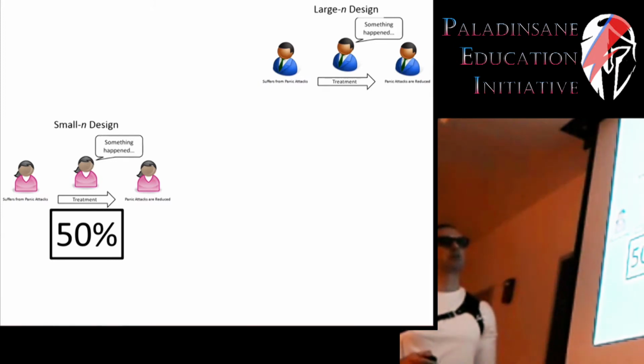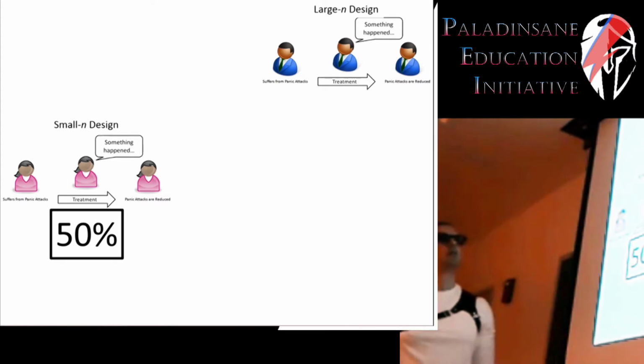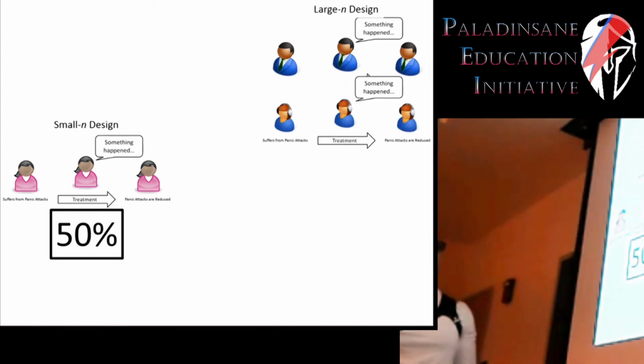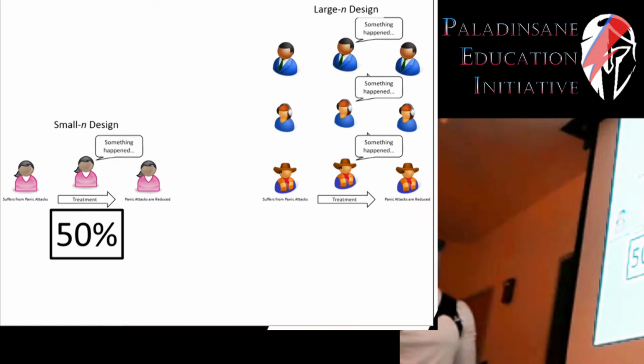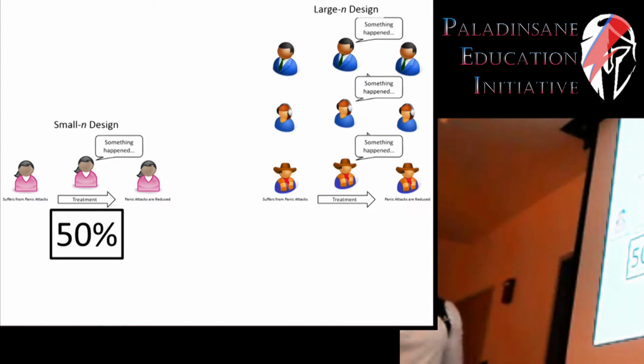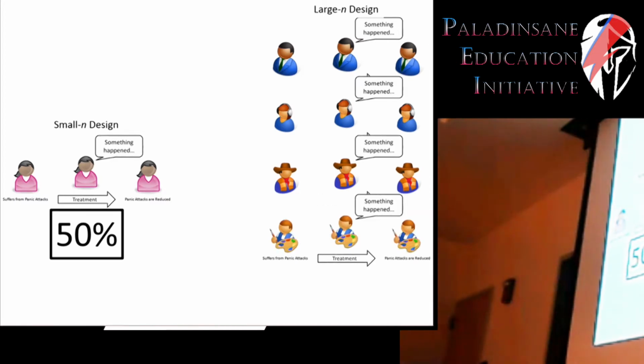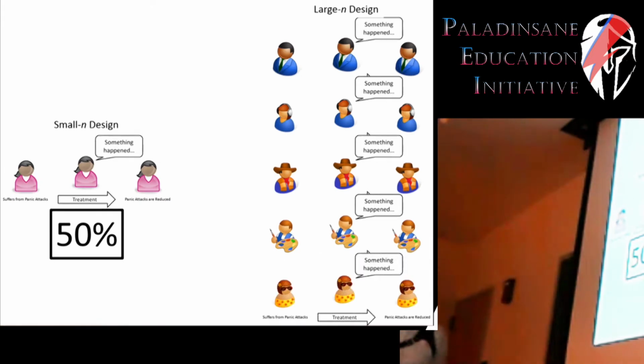Their panic attacks were reduced. Maybe it's the treatment, maybe something else happened. And for the second subject, you have the same issue. Maybe it was the treatment, maybe something else happened. For your third subject, same issue. Same thing for your fourth subject, same thing for your fifth subject.